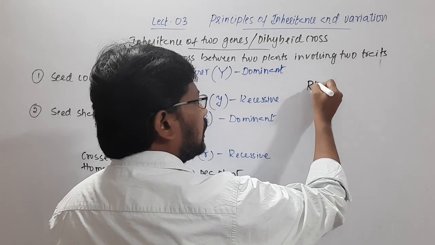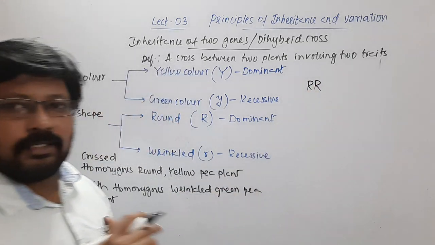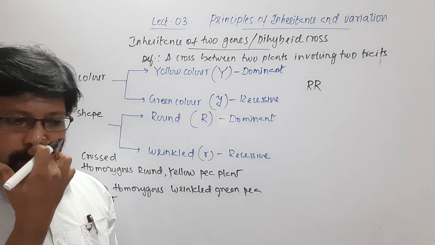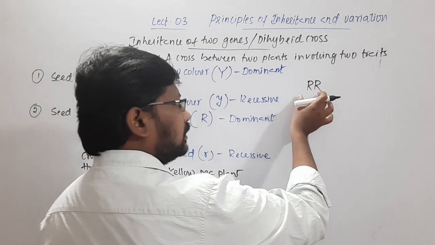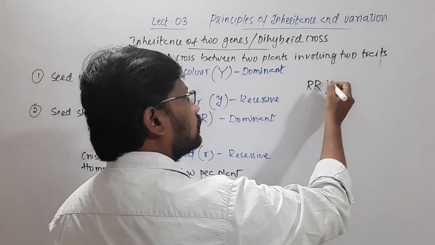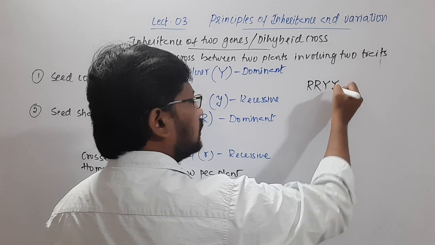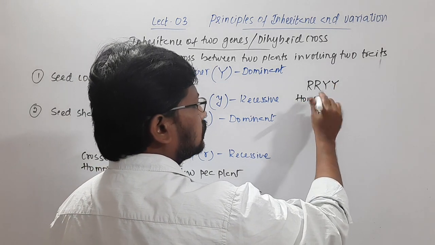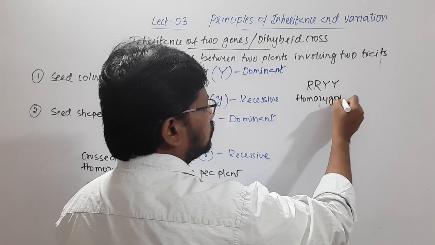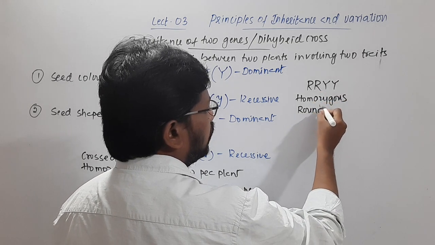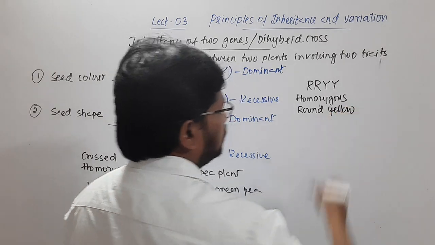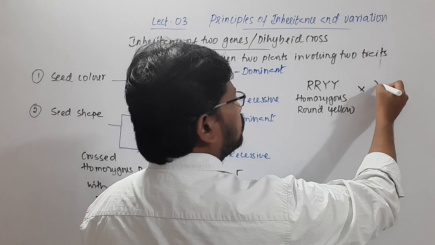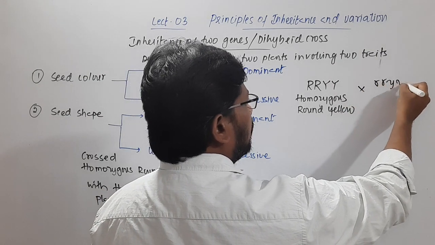So capital R, capital R. We know the parents will be diploid and hence we need to take two genes for a character: capital R, capital R, and capital Y, capital Y. So this is homozygous round yellow. You can consider homozygous round yellow crossed with small r, small r, small y, small y.